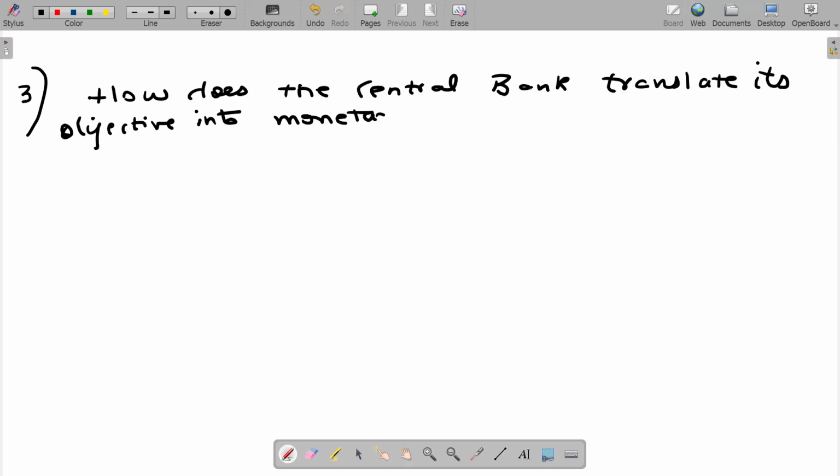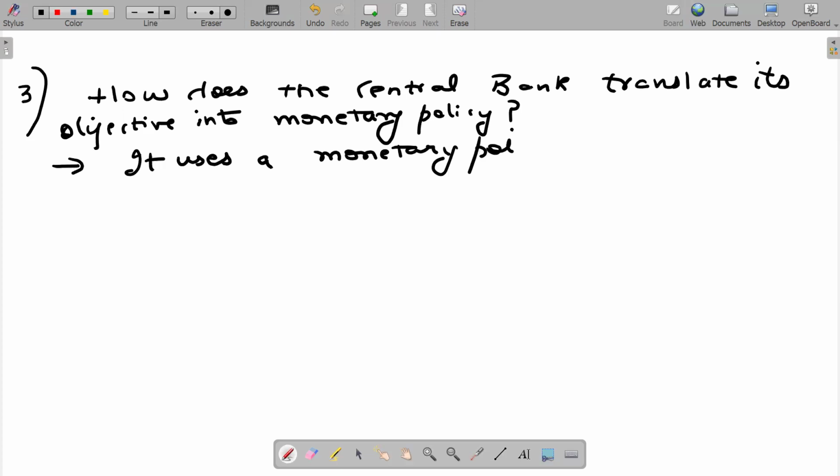The answer is very simple. The central bank uses a monetary policy rule.